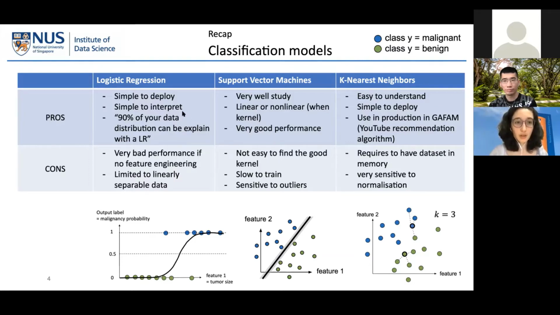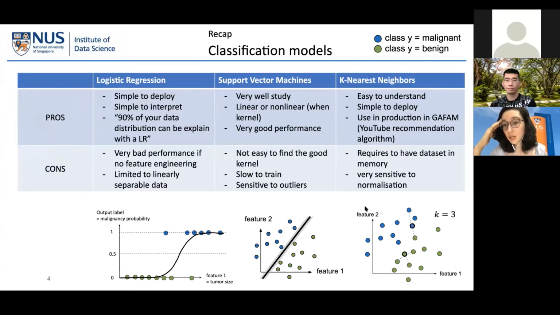Okay, so each model has its pros and cons. Logistic regression is quite simple to interpret and to deploy. It works in many cases, but it usually requires feature engineering to be efficient. Support vector machine used to be state of the art. It was very well studied, and it allows you to handle nonlinearly separable data when you use a kernel.